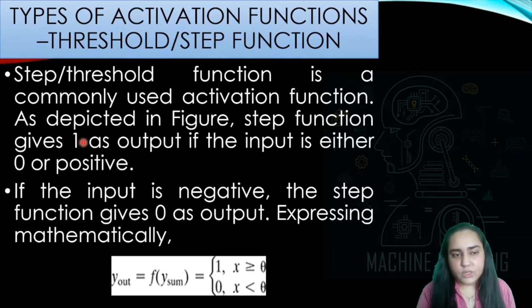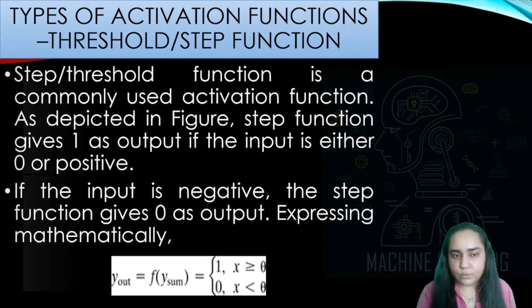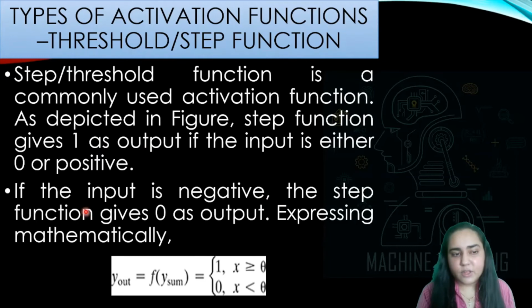The step function gives us a 1 as output if the input is either 0 or positive. And if the input is negative, then the step function gives us 0 as an output. So if input is either 0 or positive, you get a 1. If input is negative, you get a 0.